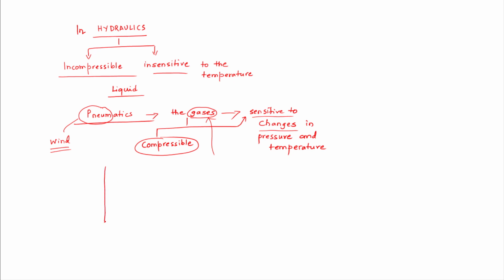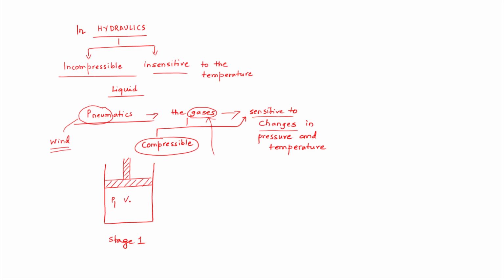Let us consider there is an open container, and that open container has a certain gas. Now we are closing that container by using a piston arrangement. In this stage 1, the gas with volume V1 is at pressure P1.